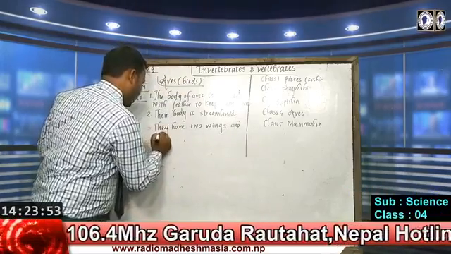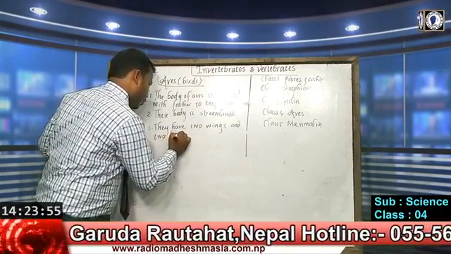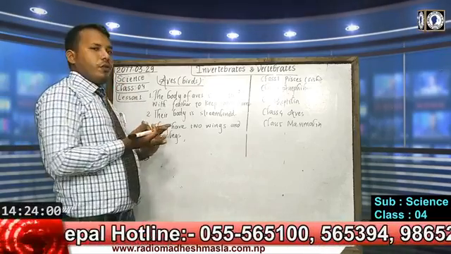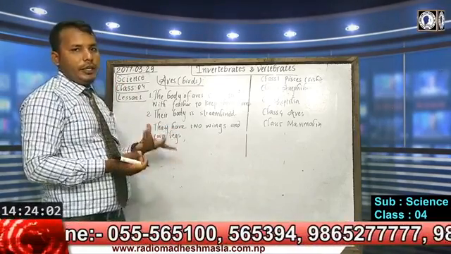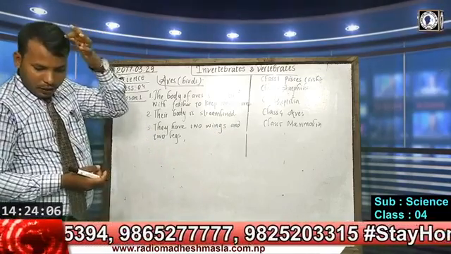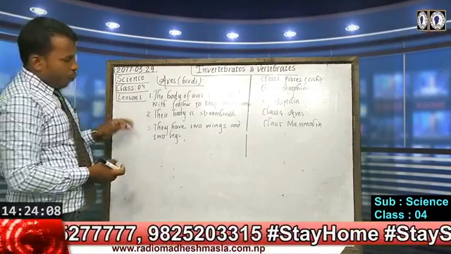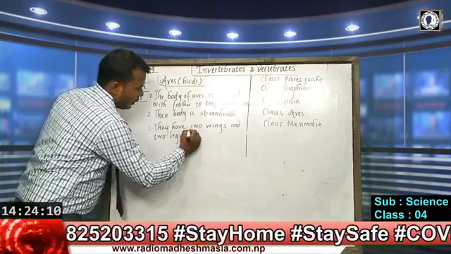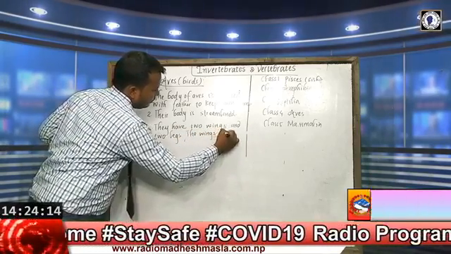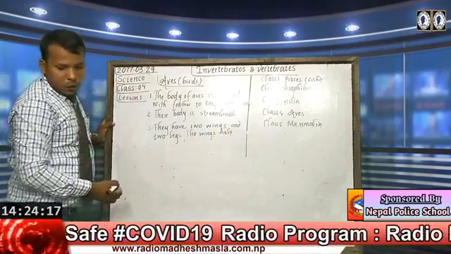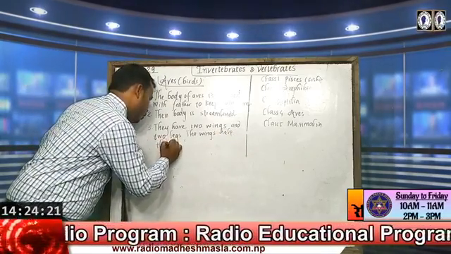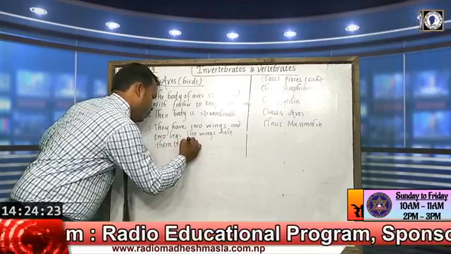Wings for flying and legs for walking, isn't it? They have 2 wings and 2 legs. The wings help them to fly.